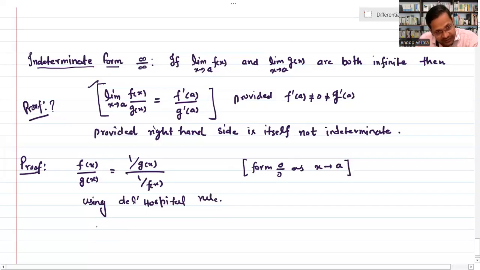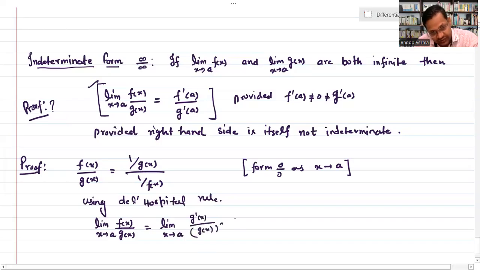We get this limit x tending to a of f(x) upon g(x). When we take the derivative of it, it will be equal to limit x tending to a, and take the derivative of this expression. So you will have g'(x) divided by g(x) whole square and divided by f'(x) upon f(x) whole square.